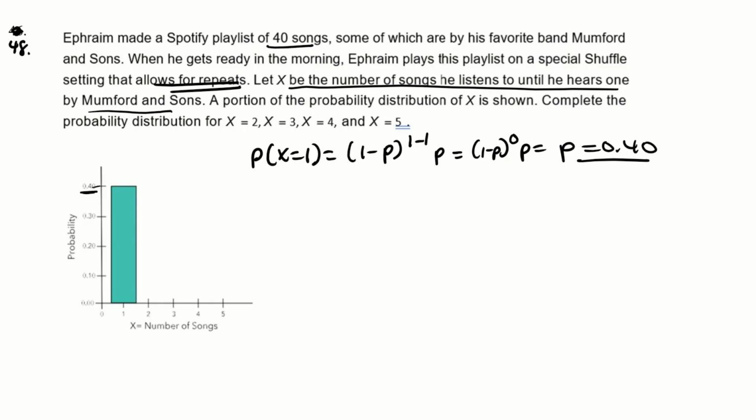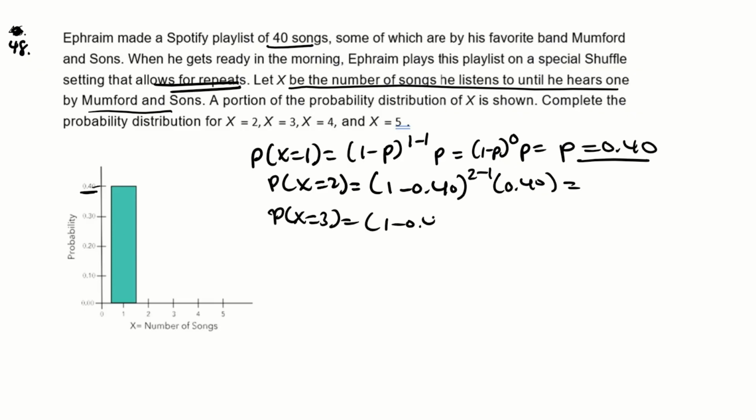So now we can go ahead and calculate the other ones. So X equals 2: 1 minus 0.40 raised to the 2 minus 1 power, times 0.40. And then X equals 3: 1 minus 0.40 to the 3 minus 1 power, times 0.40.